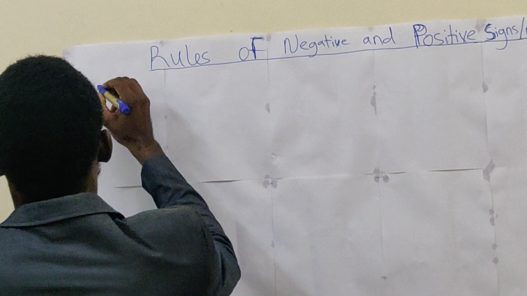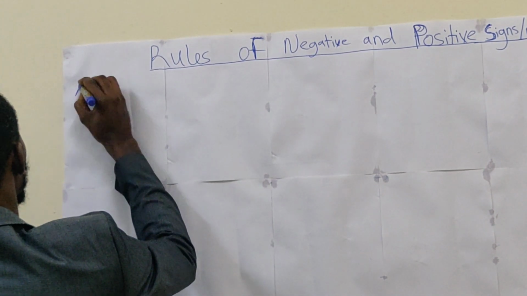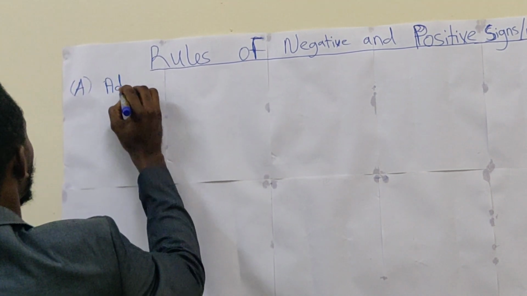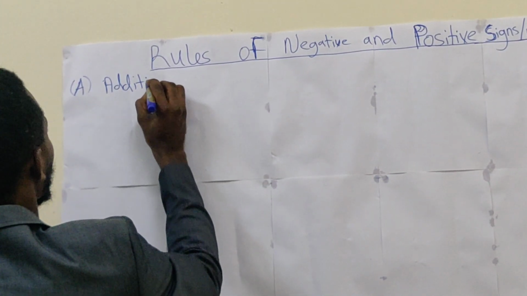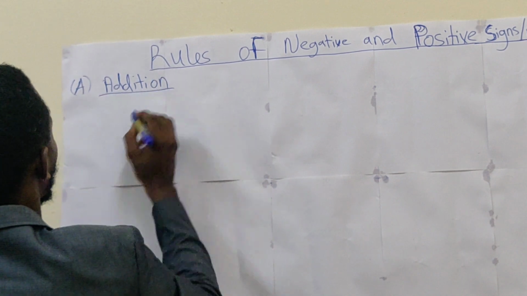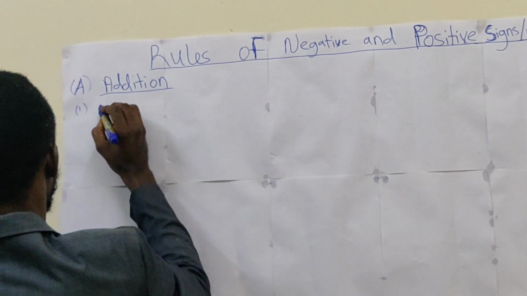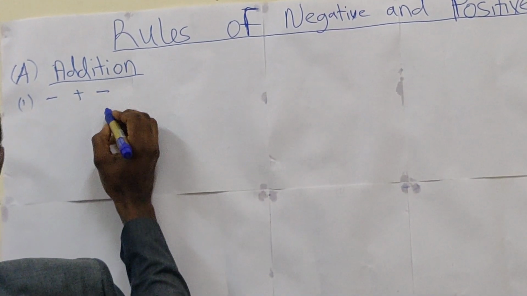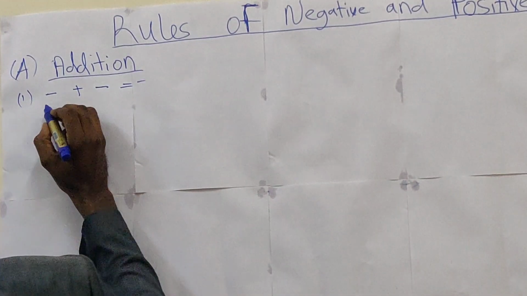So we're going to start with addition. Take it as A. Addition. One: we have negative plus negative, which is equals negative.